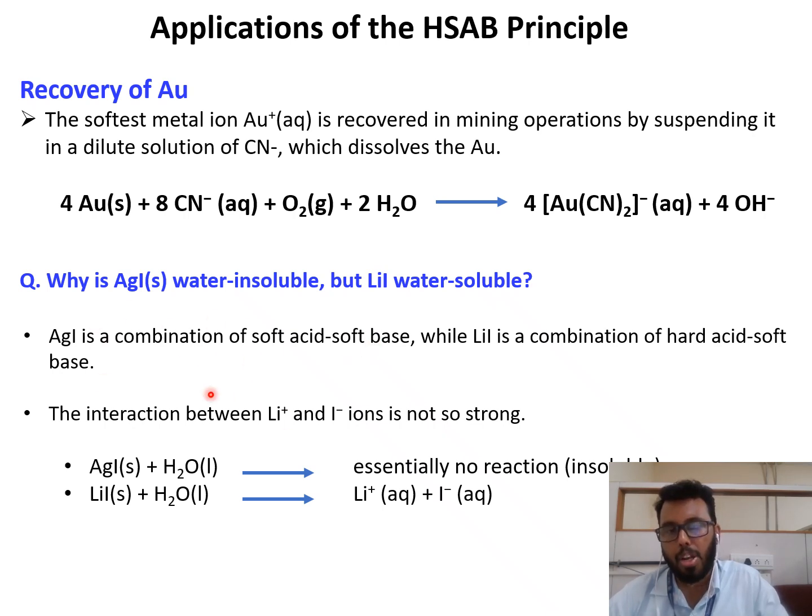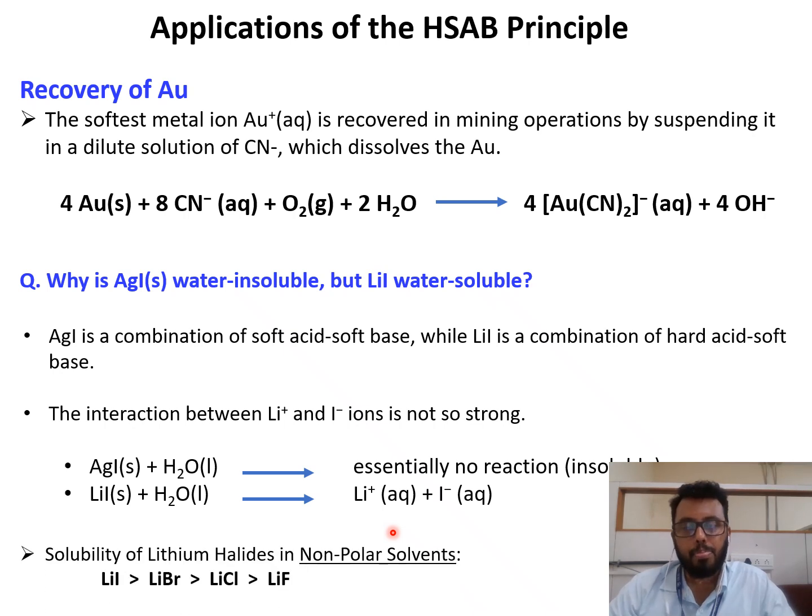When you put silver iodide in water, it won't dissociate easily, but lithium iodide will dissociate easily. The reason is hard acid soft base interactions are weak, like ionic interactions. So that's what I have written here. Silver iodide, when you put in water, essentially no reaction, insoluble, whereas lithium iodide will dissociate into lithium cation and iodide anion.